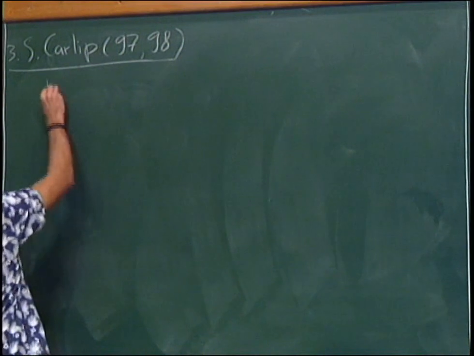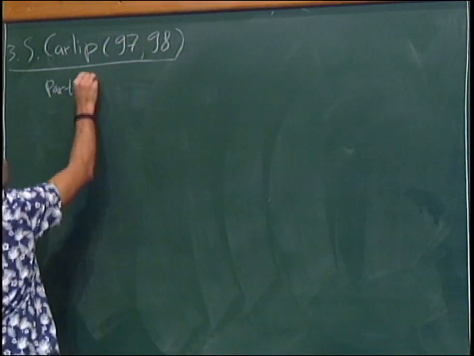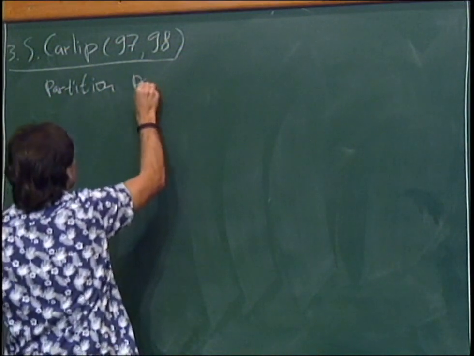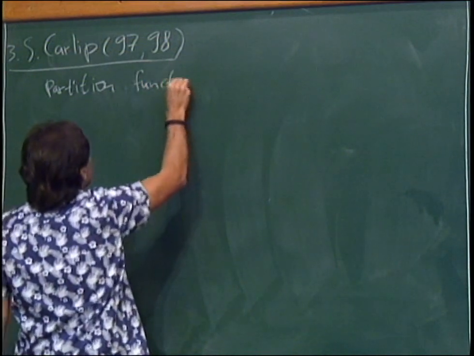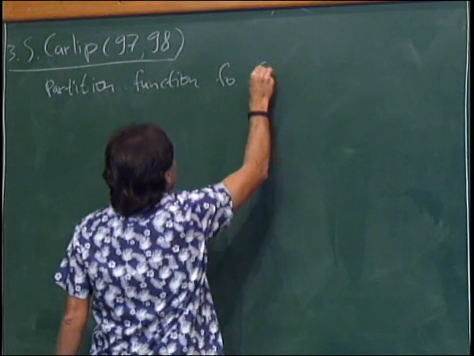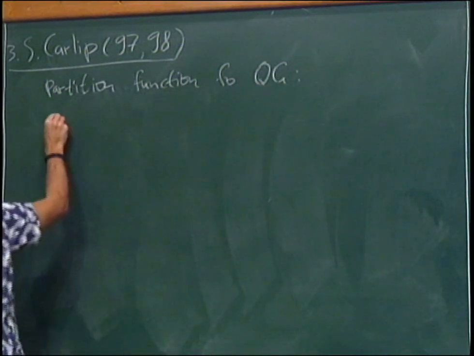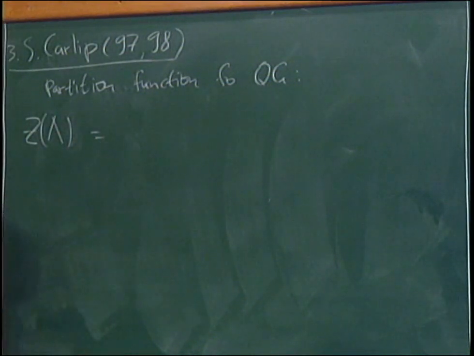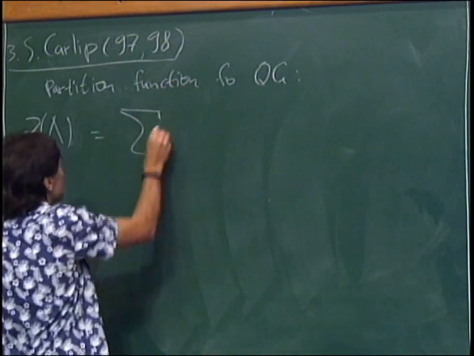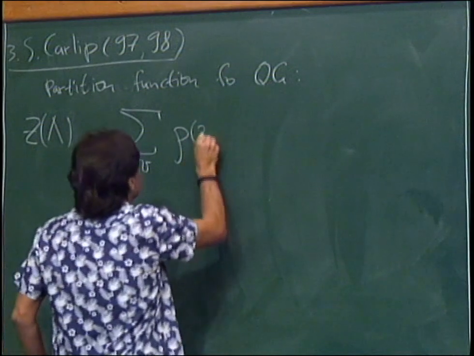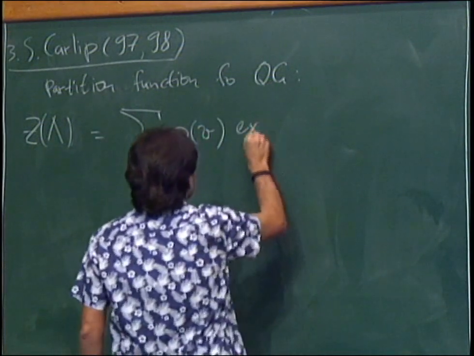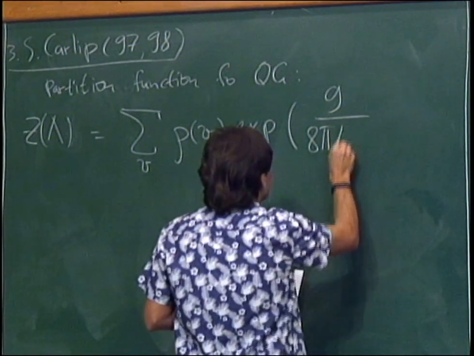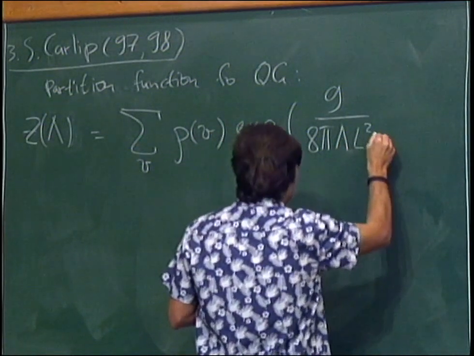And Carlip wrote this partition function for quantum gravity, whatever it is, in the following form: Z of lambda, where lambda is a cosmological constant, is given by a sum over V, rho of V, times the exponential of some factor which is 9 over 8 pi lambda L_P squared V.